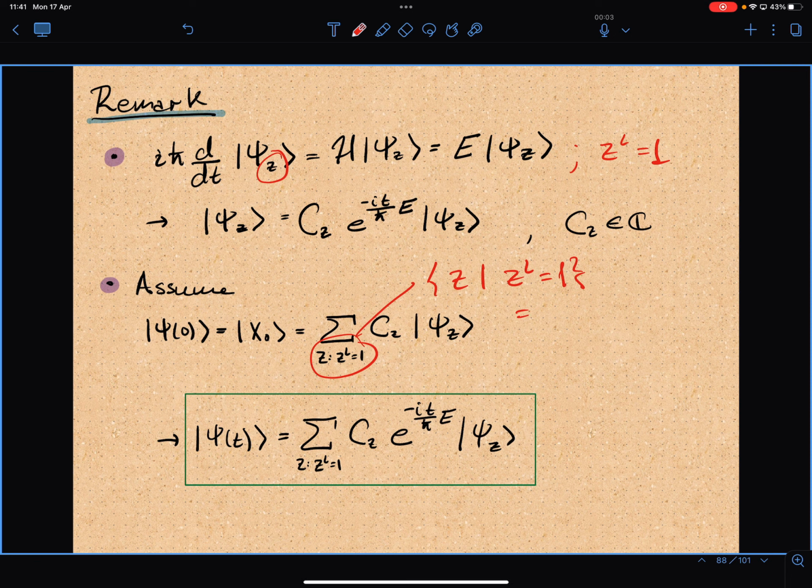So this is just going to be the summation over e to the 2 pi i k over L such that k is from 1 to L. Should capital E have a subscript z so you know it's associated? Yeah. So the energy depends on z, and this E sub z, we already said that it's equal to this. Yeah, thanks. So energy depends on the eigenvector.